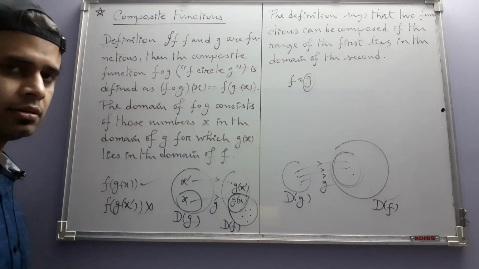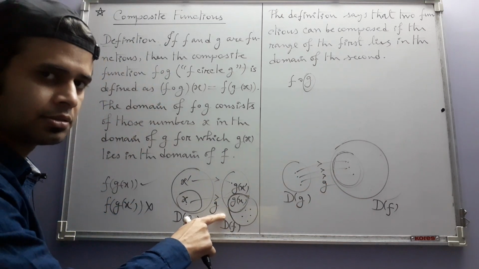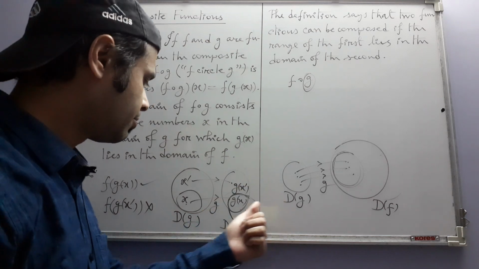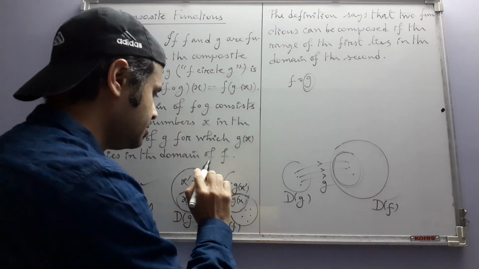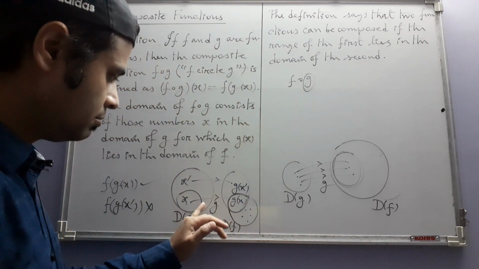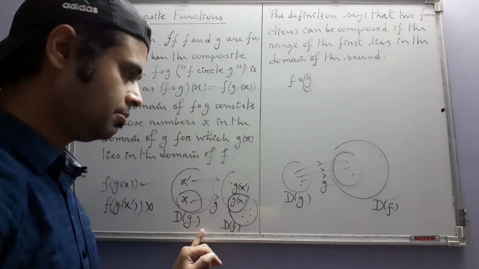Now this is actually a special case of this. If this happens, then the natural domain of f circle g, the composition function, need not be a restricted subset of the domain of g.